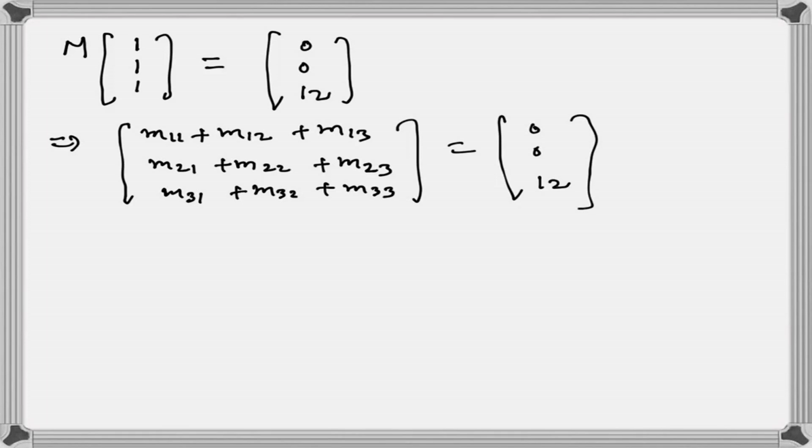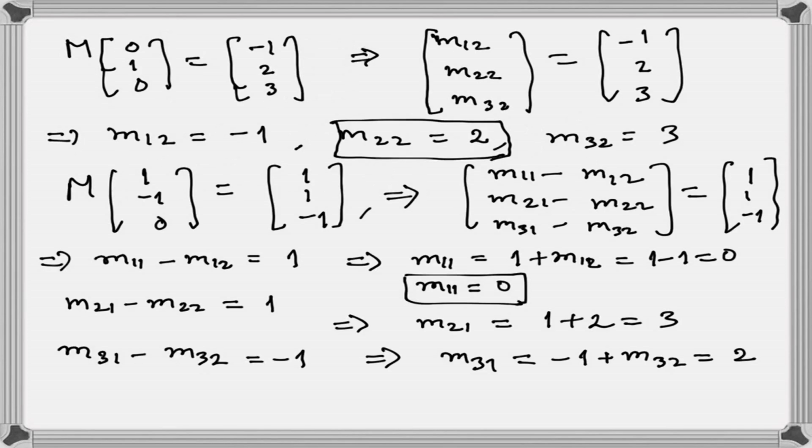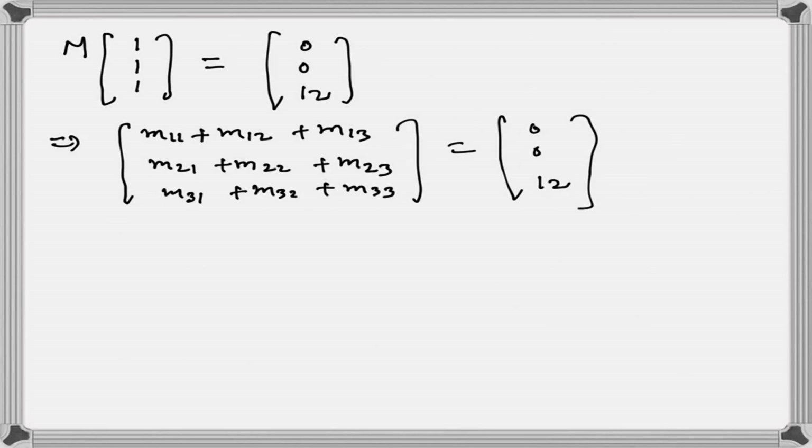From the previous slide I know the values of M31 and M32. Yes, M31 is 2, M32 is 3. Then let's take the third equation, M31 plus M32 plus M33 is equal to 12.